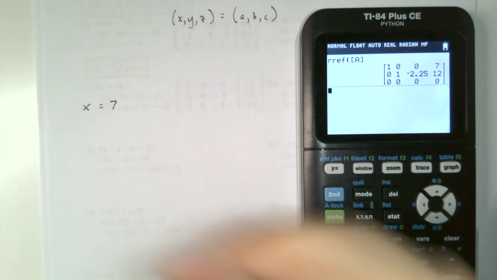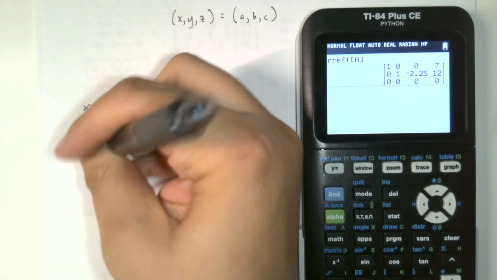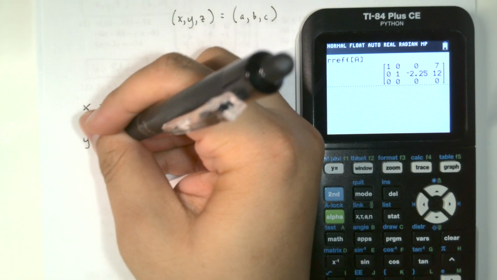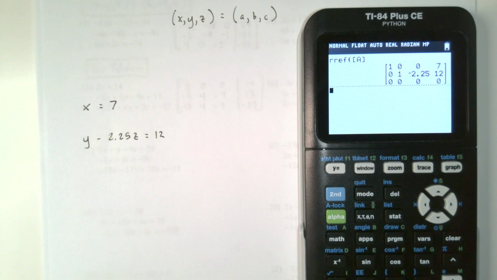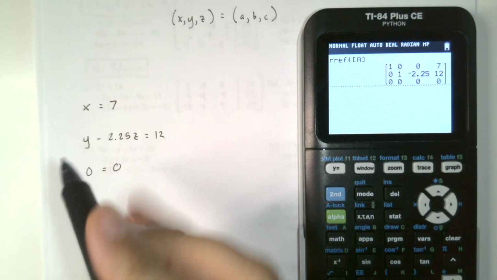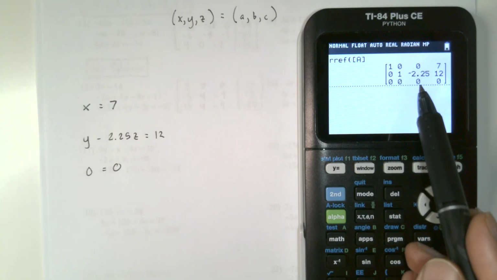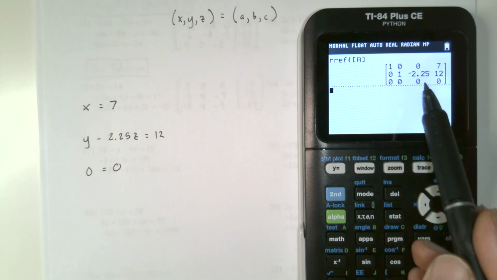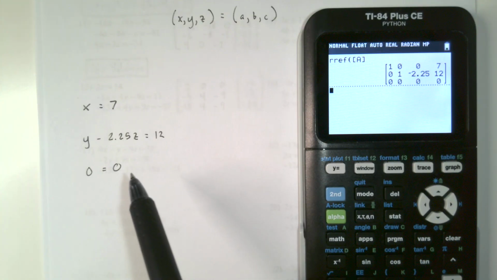The second equation is telling us that y minus 2.25z is equal to 12. Okay, nothing wrong with that. But the bottom equation is telling us that 0x plus 0y plus 0z, which is really just 0, is equal to 0. And so this bottom equation is 0 is equal to 0.